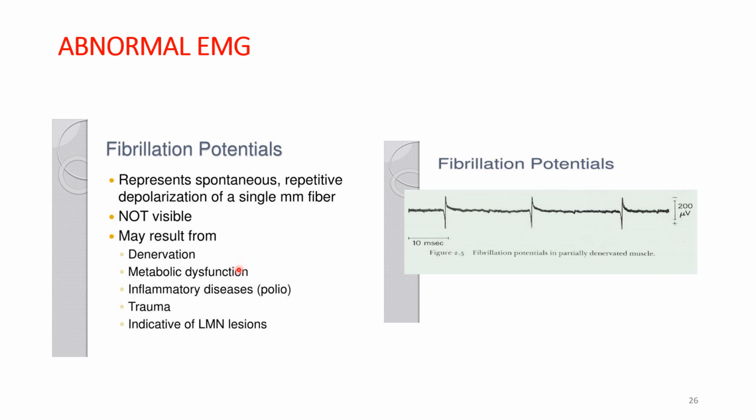They may result from denervation of the muscle. The nerve supply is cut, due to metabolic dysfunctions, or inflammatory diseases like polio, or trauma, or lower motor neuron lesions. All these things will exhibit fibrillation potentials. Here he is showing fibrillation potentials in a partially denervated muscle.